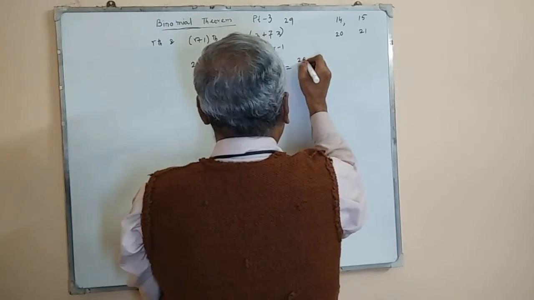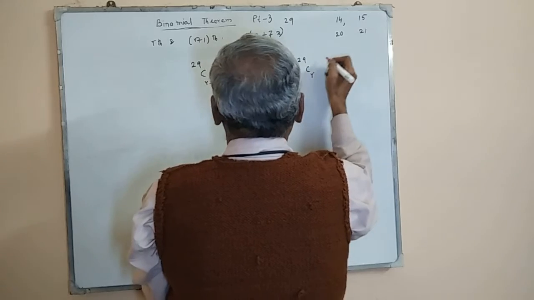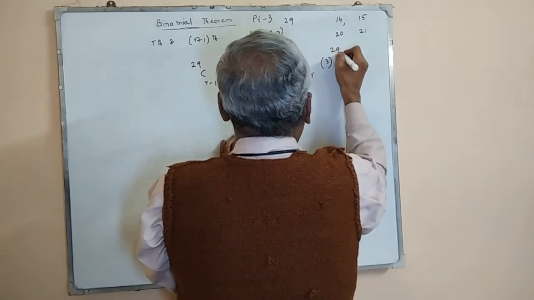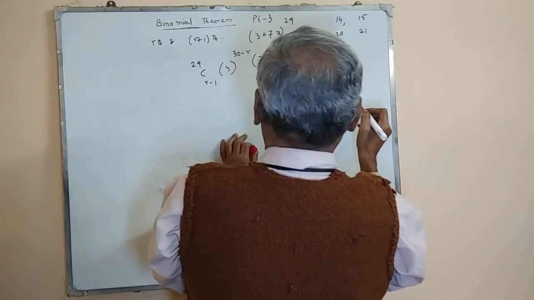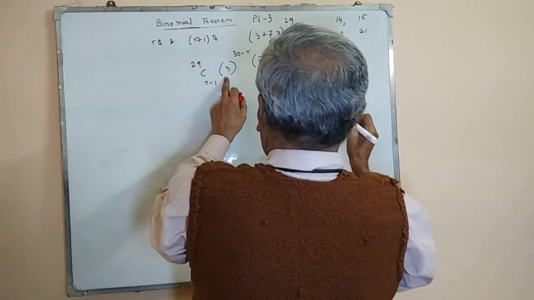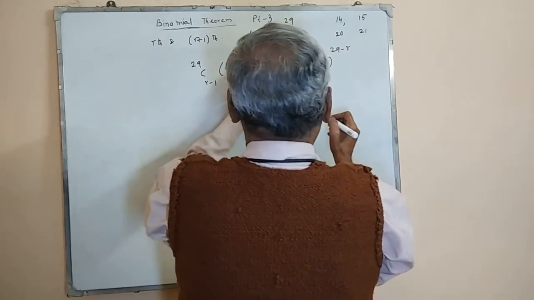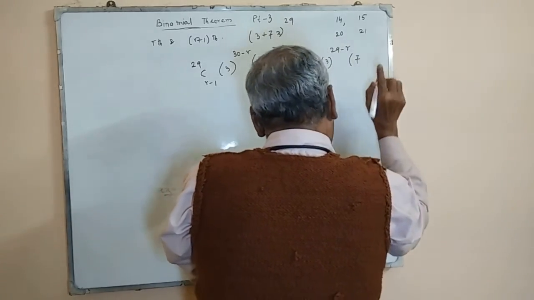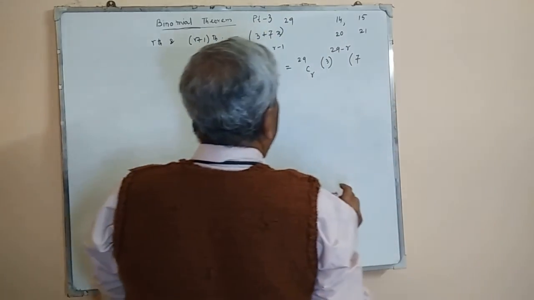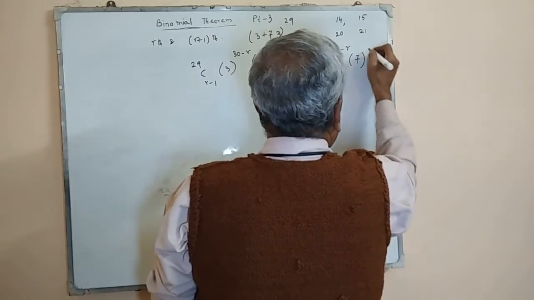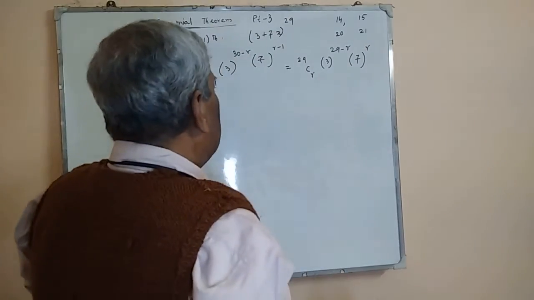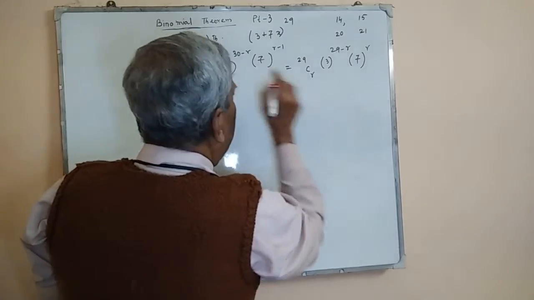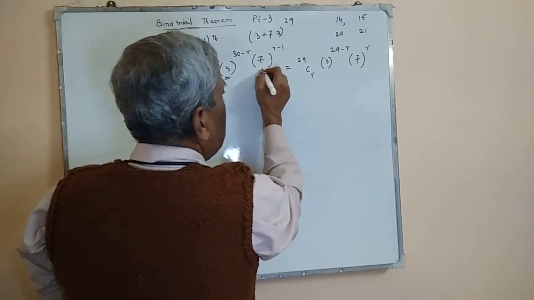Therefore, it is 29 C r, then 3 to the power 29 minus r, into 7 to the power r, again it is 7x but because we are interested in the coefficient, 7 to the power r. So we get the coefficients of 3 and of 7.